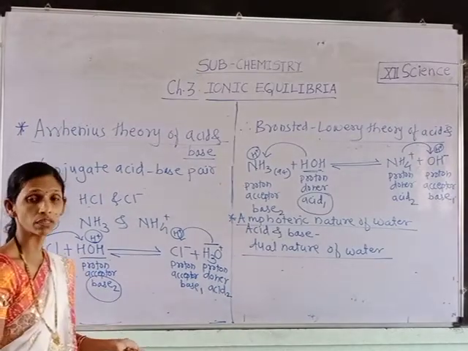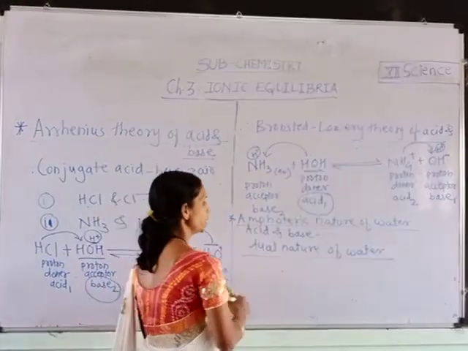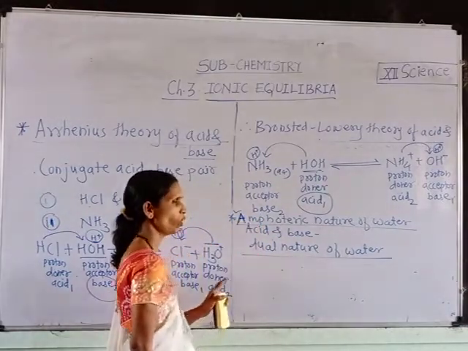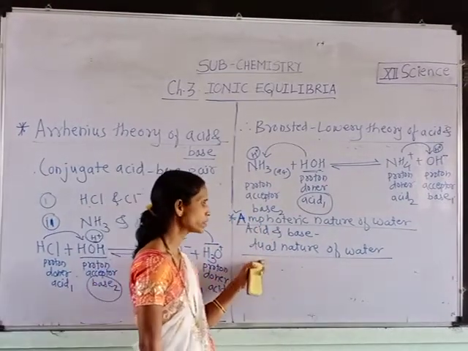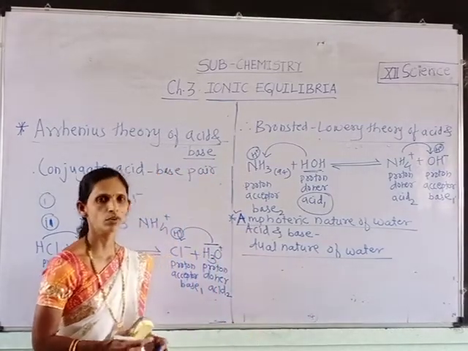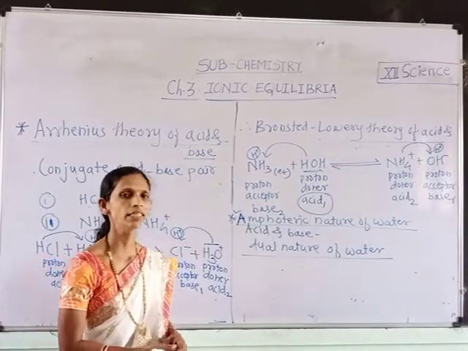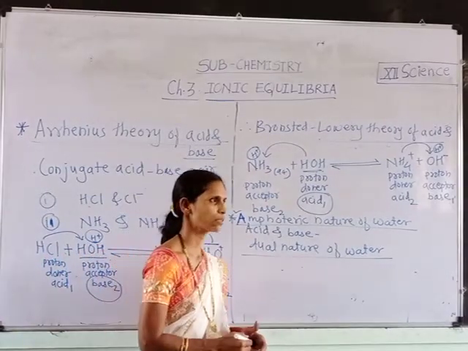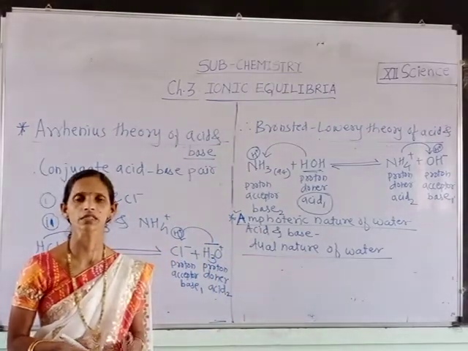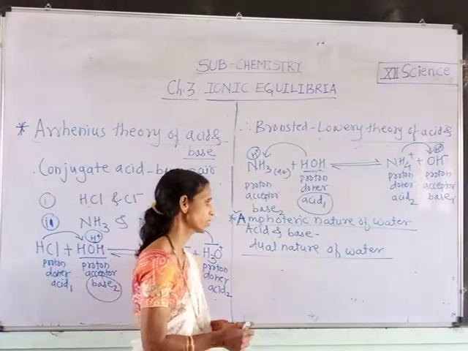That double nature, acid as well as base, is called the amphoteric nature of water. That is about the Lowry-Bronsted theory and Arrhenius theory of acid and base. Then we will be discussing the next theory, that is Lewis theory, in the next lecture. Thank you.